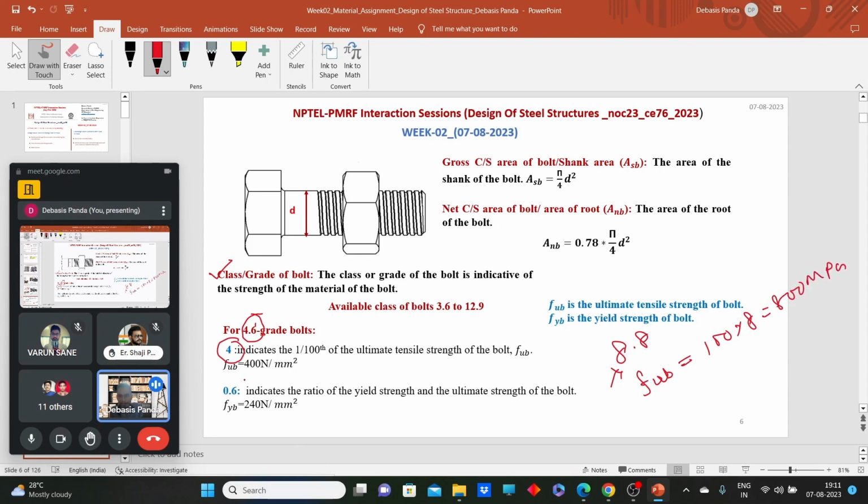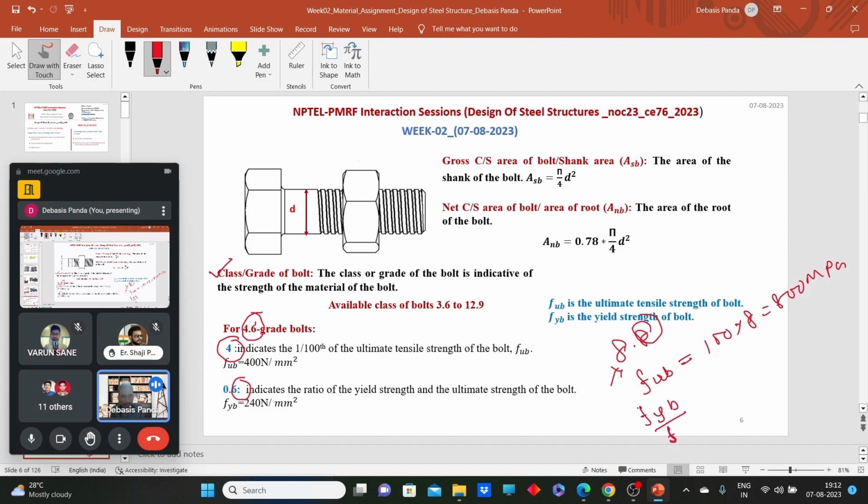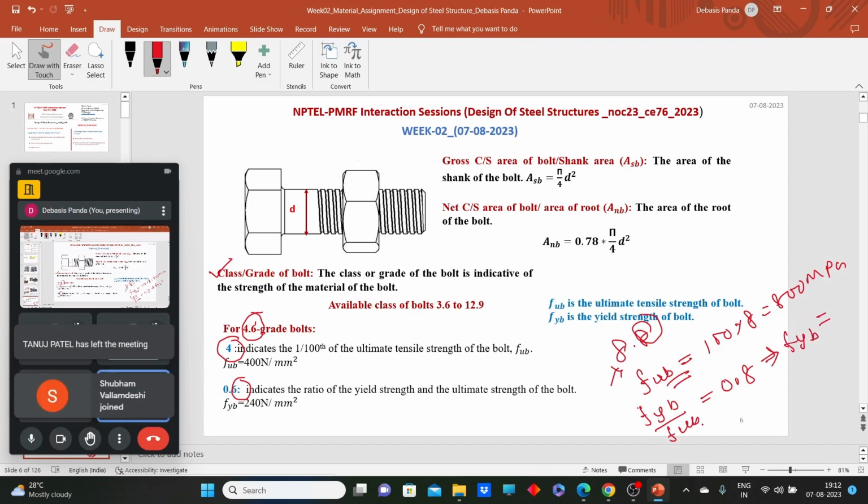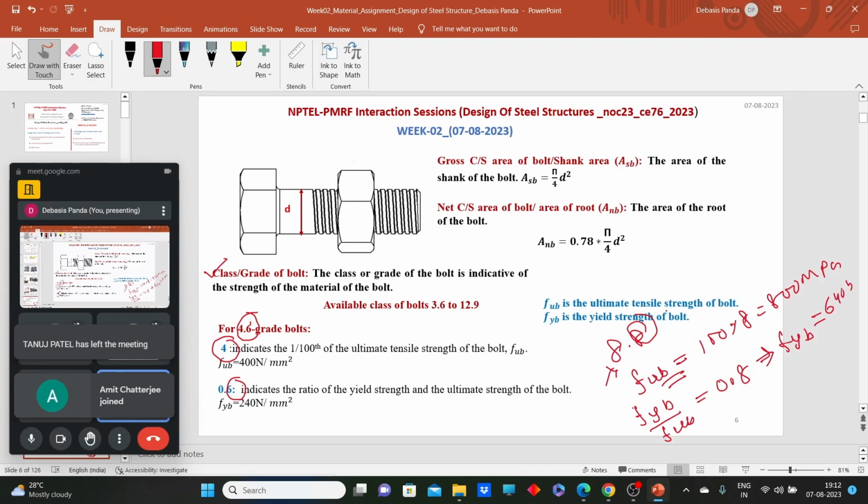And the second digit, here 0.8, denotes the ratio of the yield strength of the bolt f_yb to f_ub, which is equal to 0.8. So here we have calculated f_ub. Now we can calculate f_yb equal to 0.8 × 800, so 640 MPa.